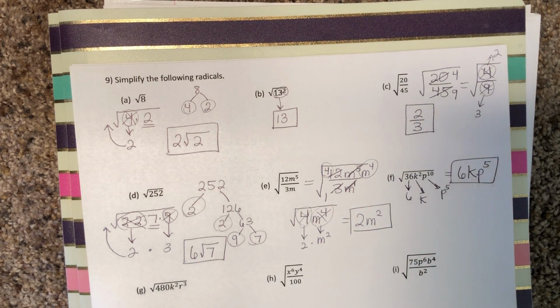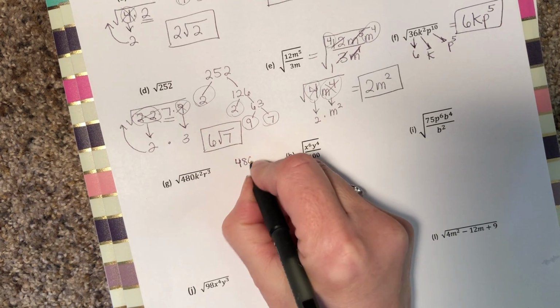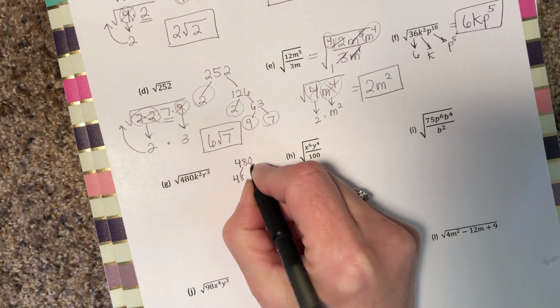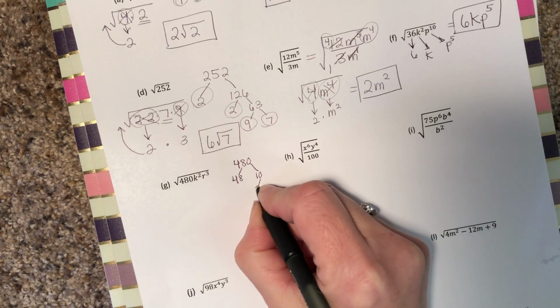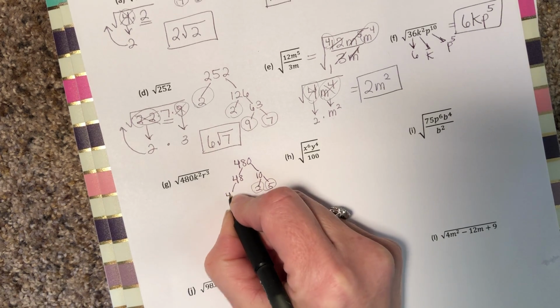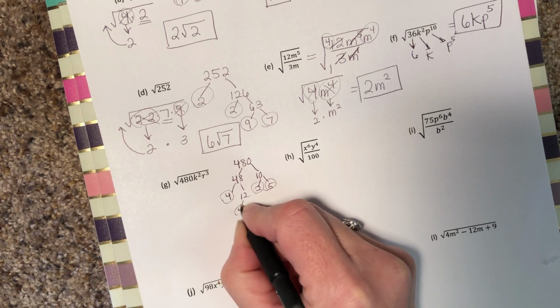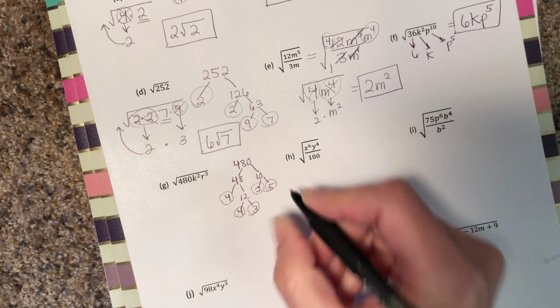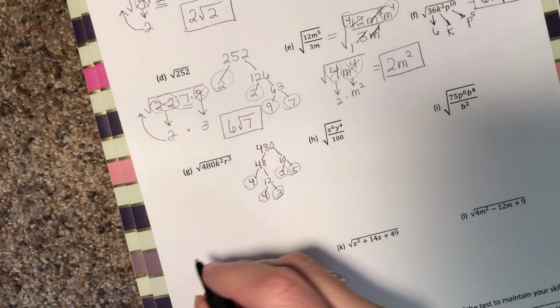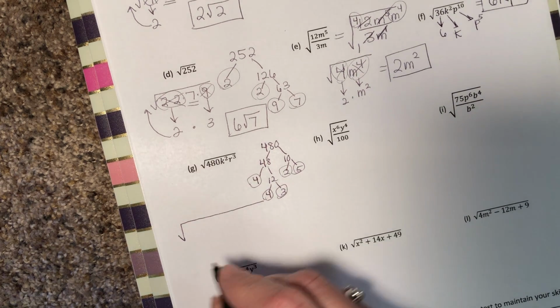And then G is, let's see, 480 we have to break down. 48, 10, 2, 5. 4 perfect square times 12, 4 perfect square 3 prime. Okay, so that's going to give us, this one has a lot of stuff under the square root.